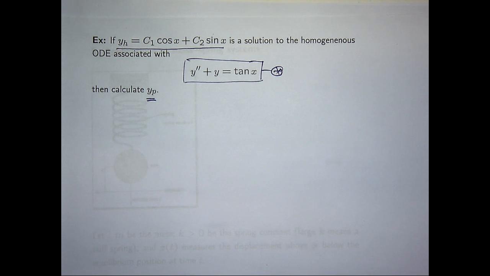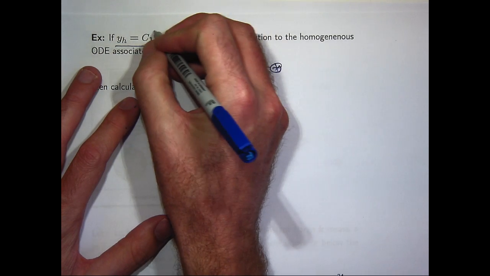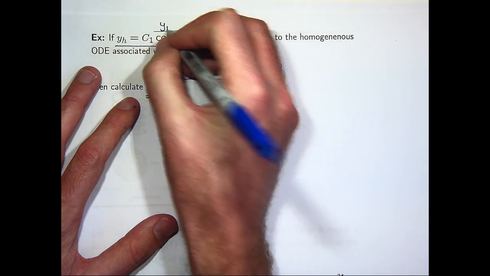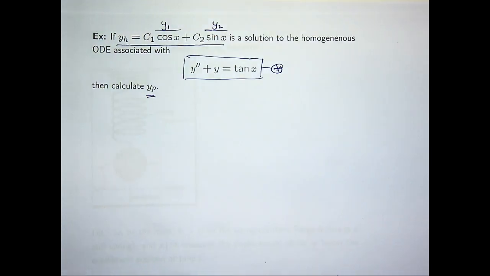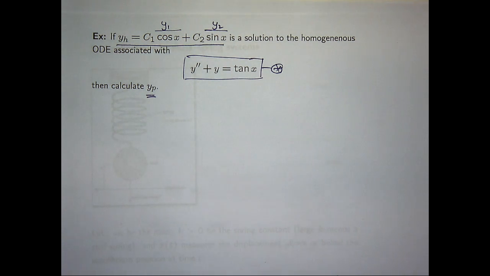Now, essentially it's just applying the formula. So you can think of this function, cos x, as y sub 1, and this function, sin x, as y sub 2. Now they are linearly independent, but we're going to have to calculate the Wronskian anyway for our formula.